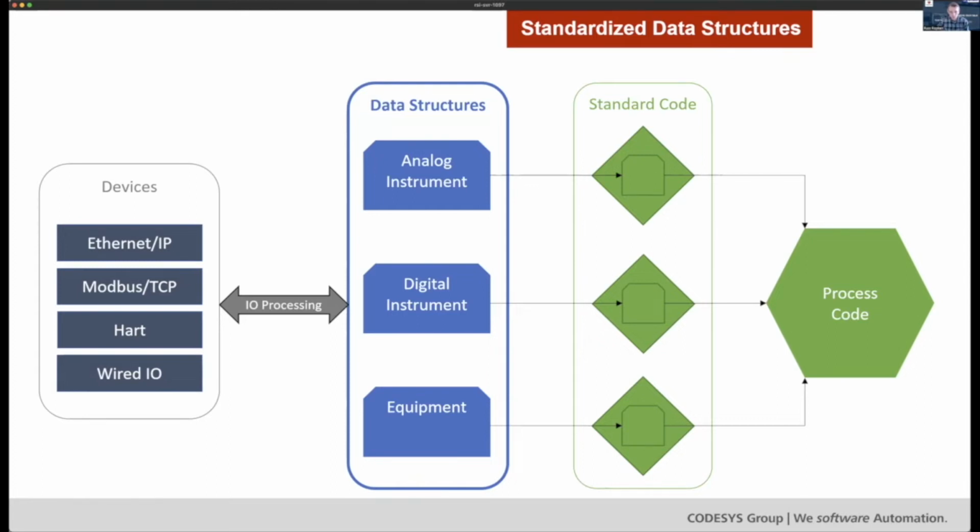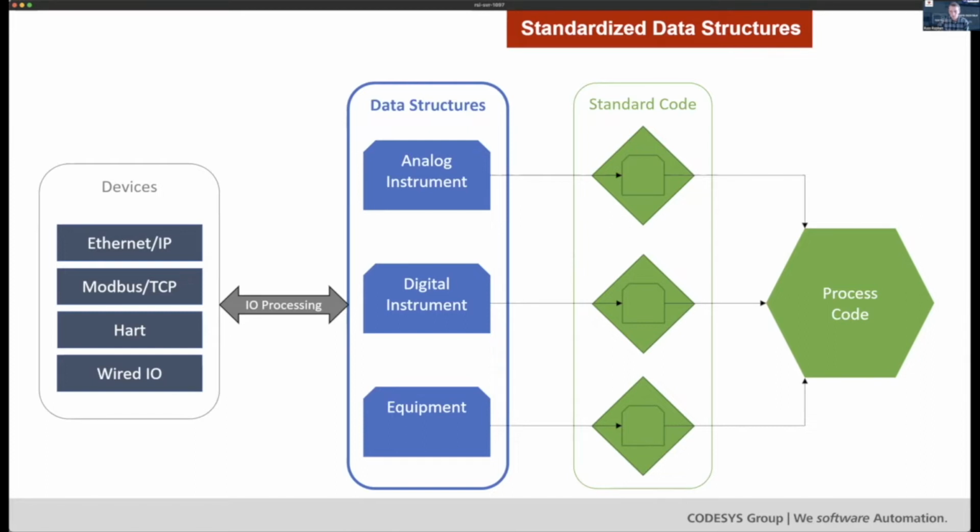Later on, if you need them, you can enable them and use them as you see fit. So the advantage here is we have standard code that we call for all three data types. For an analog instrument, I call some standard code that takes care of all of my alarming, anything associated with the analog instrument that's common to every analog device.